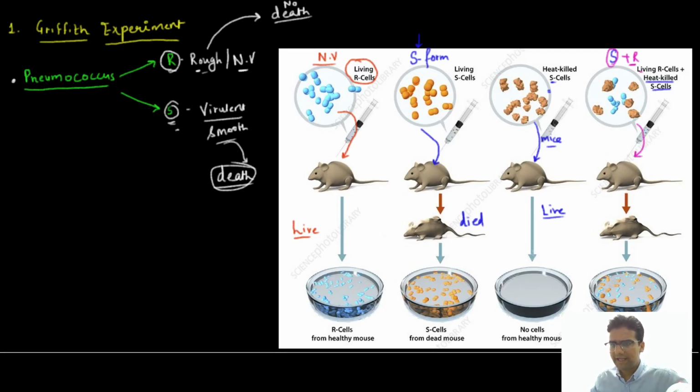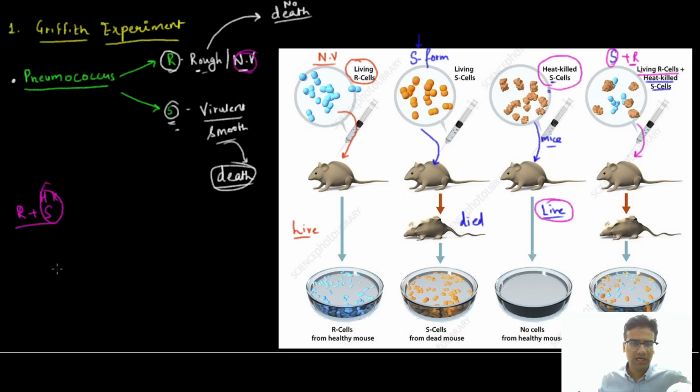Because heat killed S form cannot kill the mice, and R form does not kill the mice because it is non-virulent, the expectation was that the mice would live.